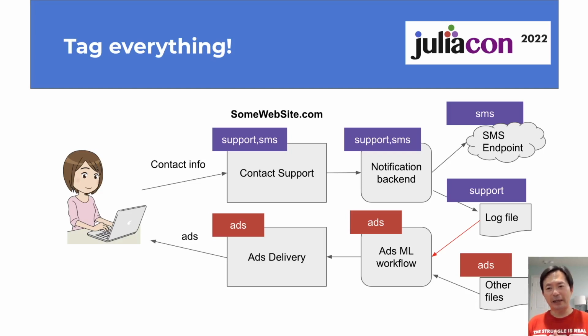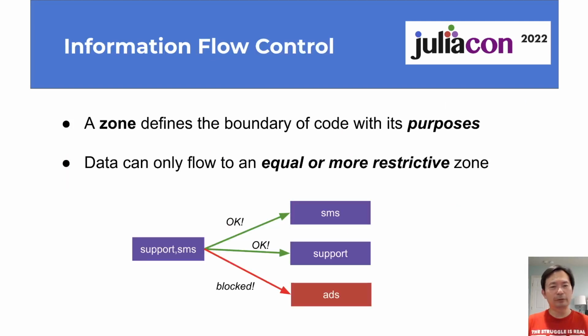Once you have everything tagged, then a privacy check can happen for every data flow in the system. So in this case, for example, the machine learning workflow should not be able to read from the log file because the log file says, hey, you can only use the data for support purposes, not for ads purposes, right? So that data flow should be blocked.